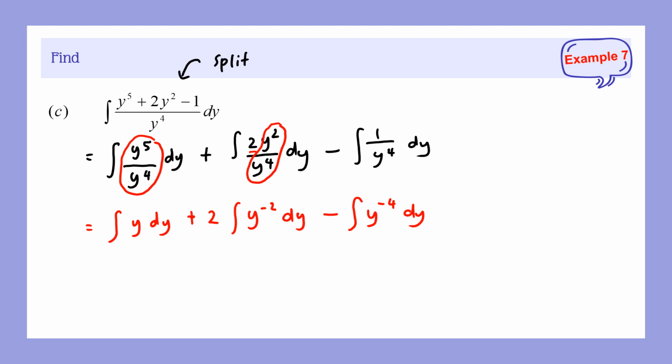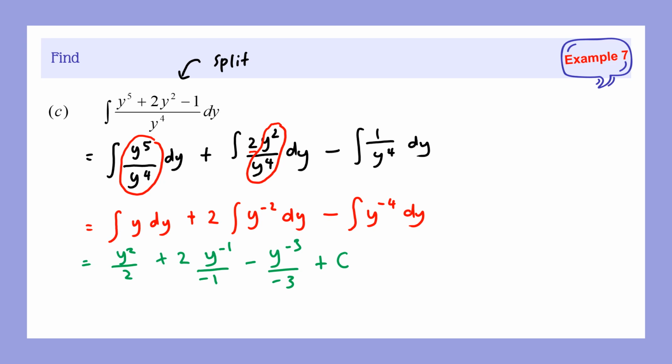So then we integrate one by one. The first one we have y squared over 2, plus 2 times y to the power of negative 1 over negative 1, minus y to the power of negative 3 over negative 3, plus c. And then we simplify these 3 terms.